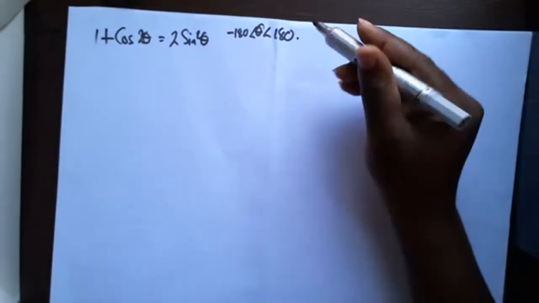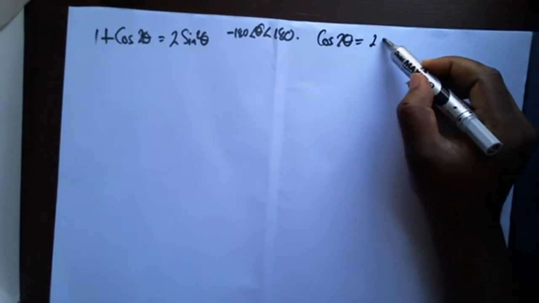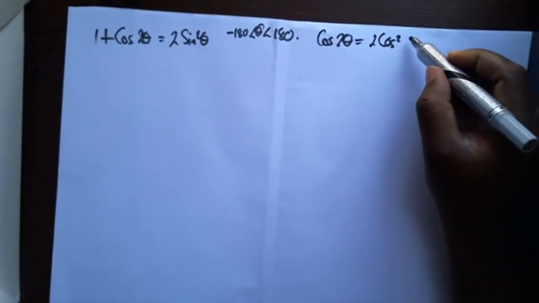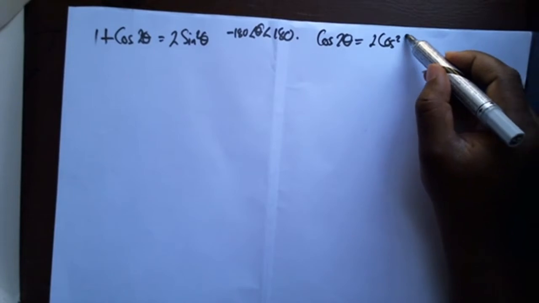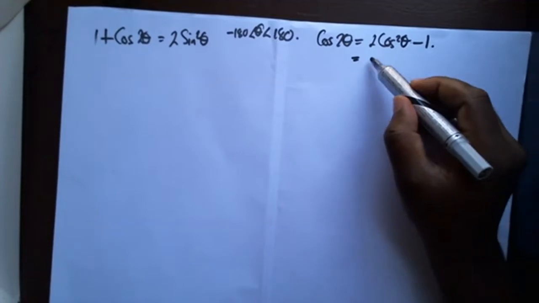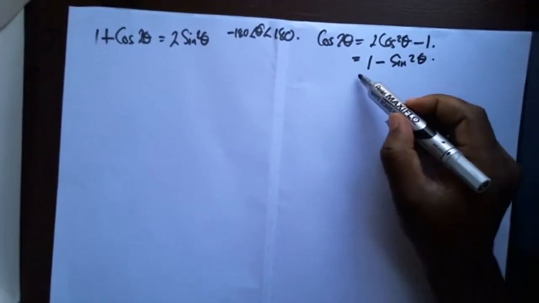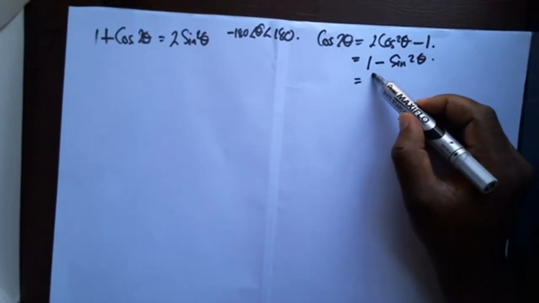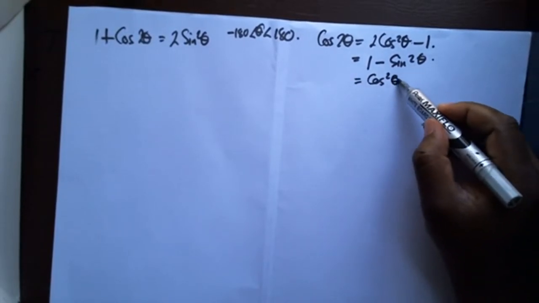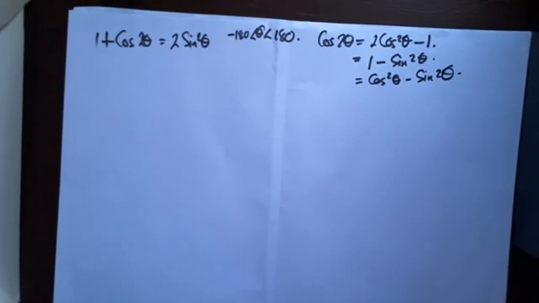For cos 2 theta, I have 3 forms. I'm going to write them down here. I have cos 2 theta is equal to 2 cos squared theta minus 1, or it's 1 minus 2 sine squared theta, or it is equal to cos squared theta minus sine squared theta. These are the three.